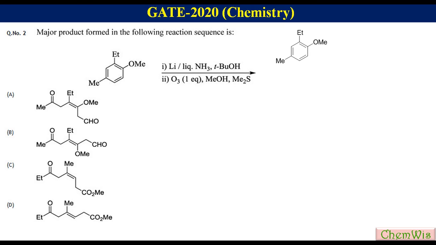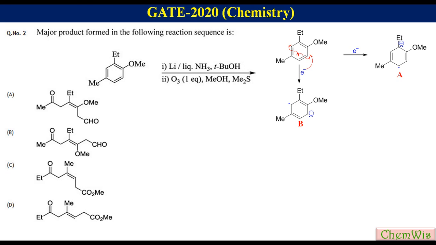Since there are two non-equivalent ortho positions, electron transfer can occur like this to generate radical anion A, or it can transfer like this to generate radical anion B. Radical anion B is more stable than A because it has the negative charge on a secondary carbon, while in A it is on a tertiary carbon. So the reaction will proceed through B.